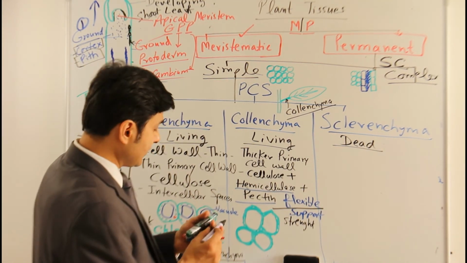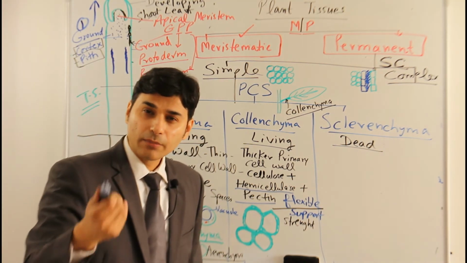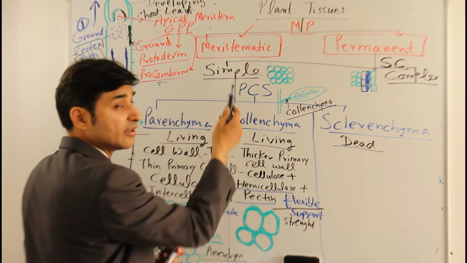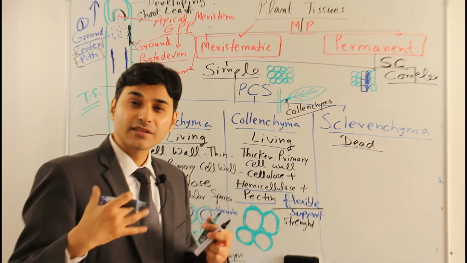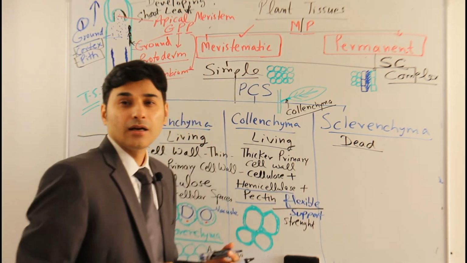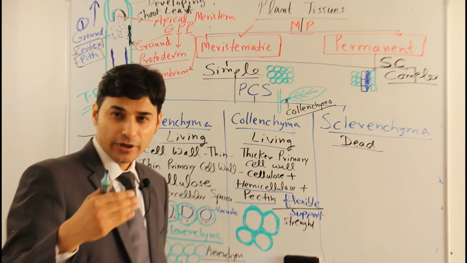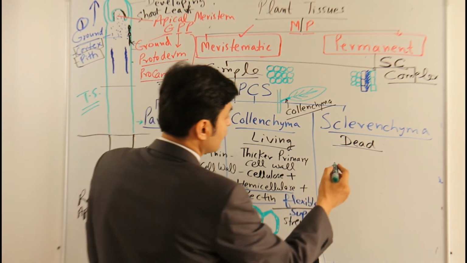The third one is sclerenchyma. Sclerenchyma is the third type of permanent simple tissue. This is basically meant for structural support, and it is dead. So what happens here?